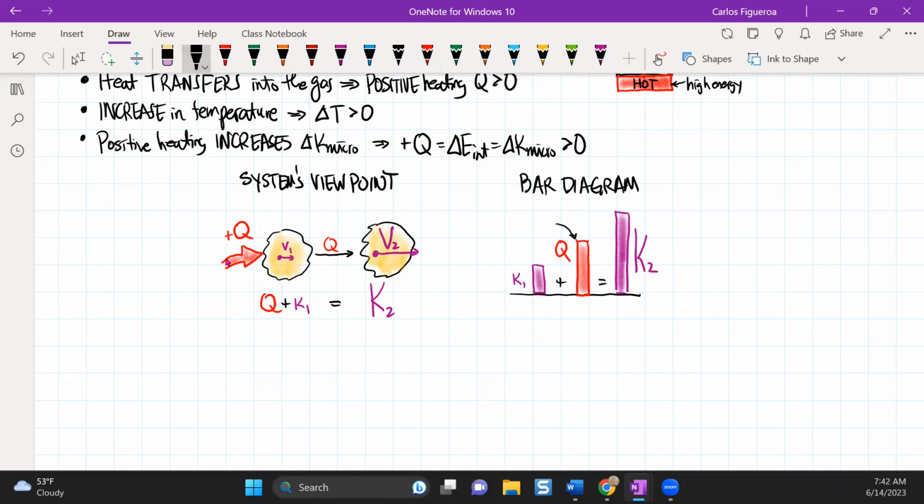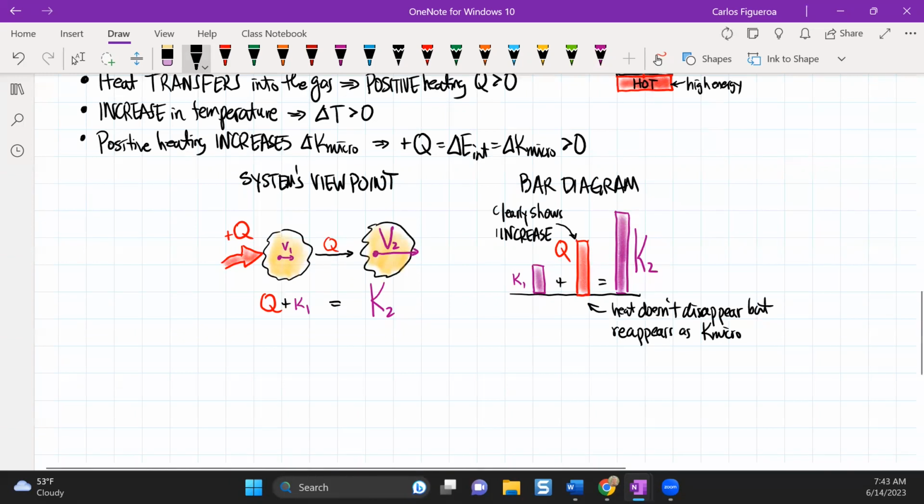So this bar clearly shows the increase. The heat doesn't disappear, it reappears as K micro. And is that the amount that actually changed it?